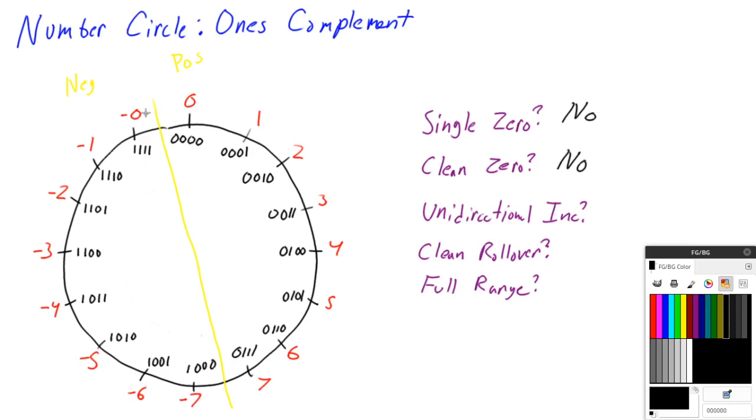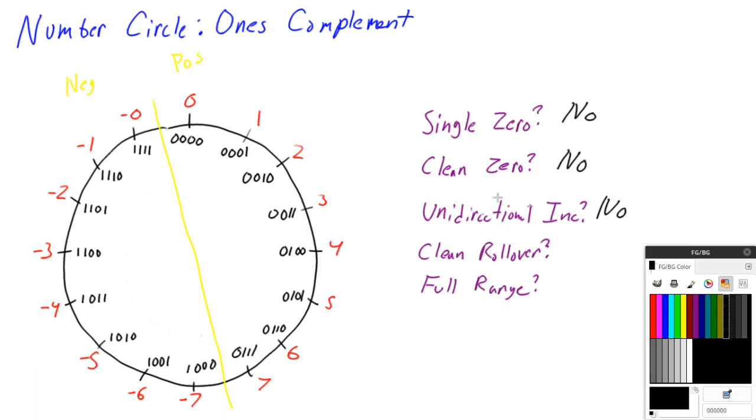And they say we don't have to worry about the hiccup. It's still unidirectional increase. I say that hiccup is significant, and so I will say that it is not a unidirectional increase. Some other people may say it is, but by my logic and by the way I interpret the definition, this is not a unidirectional increase.